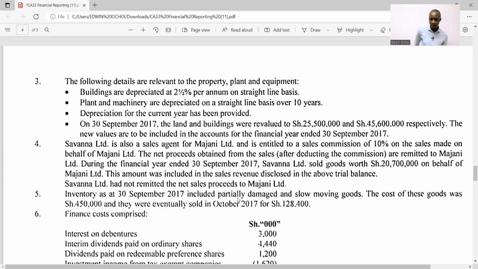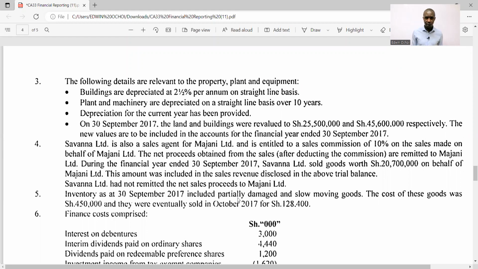So he was acting as an agent, of which, since he was acting as an agent, he was getting what? He was getting commission. So the sales he made in that period, based on the sales he was making on behalf of that other company, he was entitled to a commission of 10%.